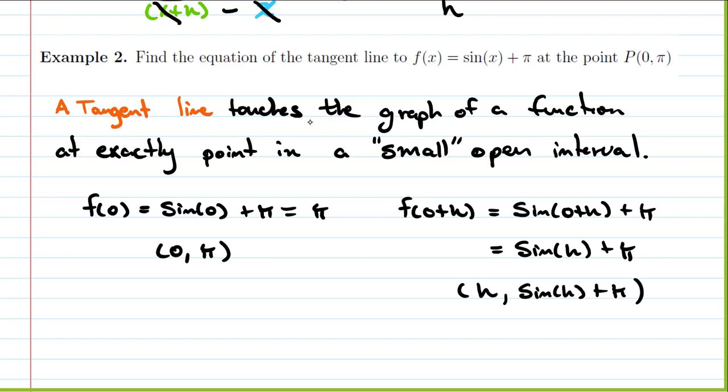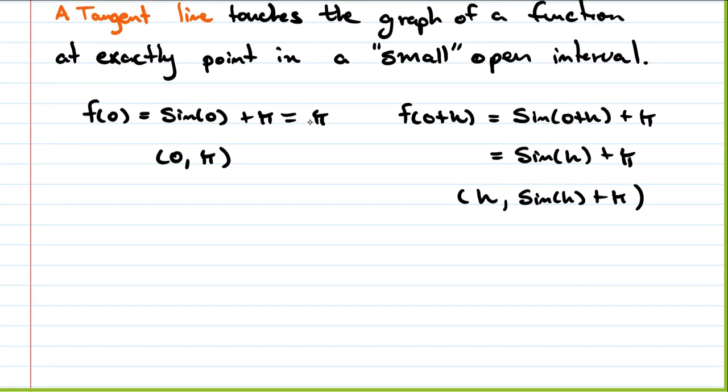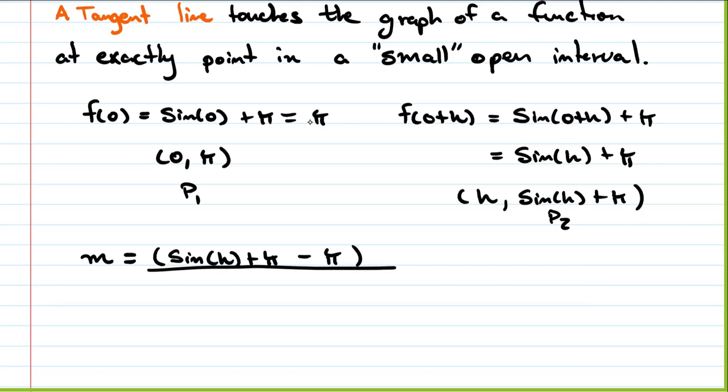So now we can find our slope between those 2 points. Let's call this point 1 and this point 2. So m is sine h plus pi minus pi, all divided by h minus 0.